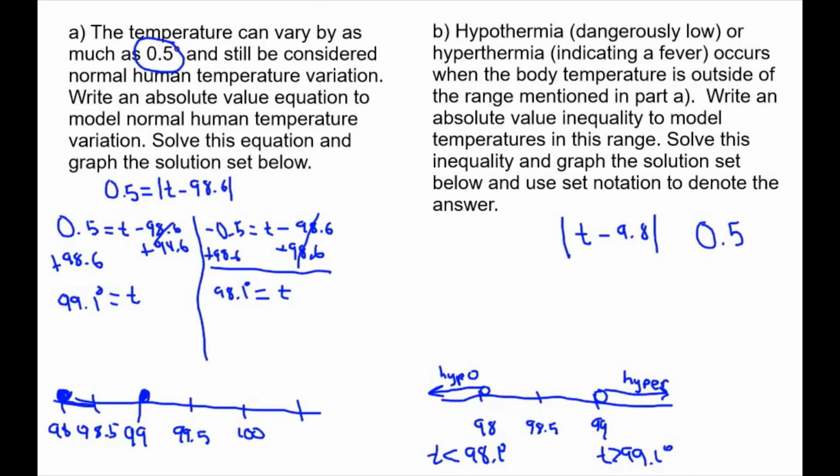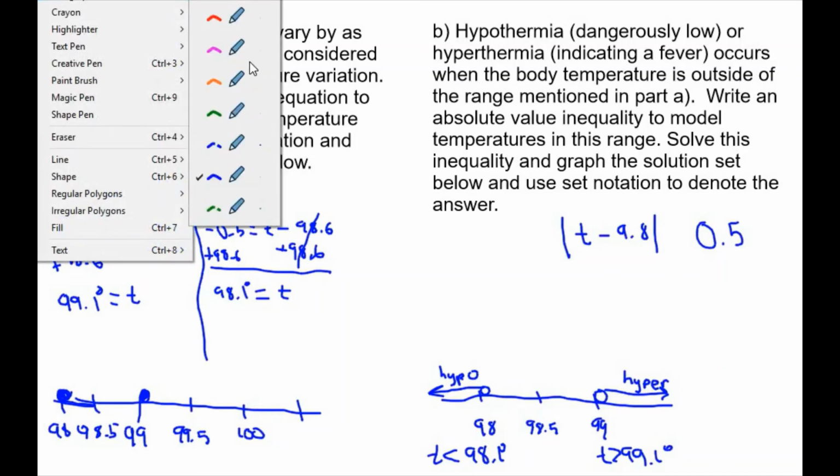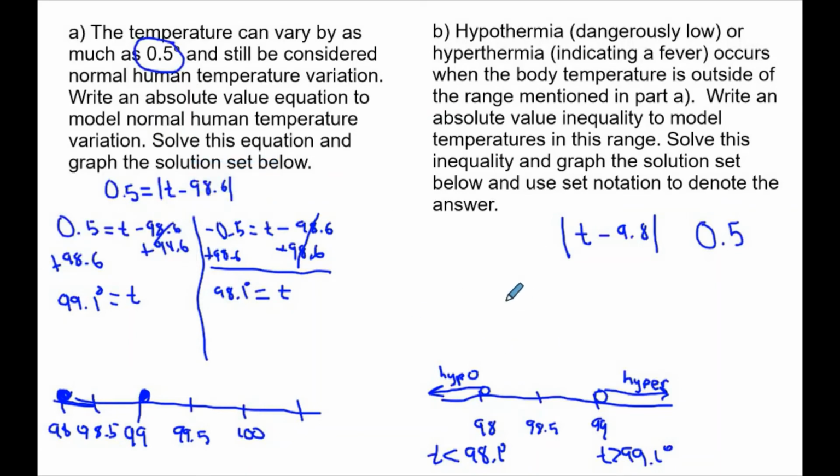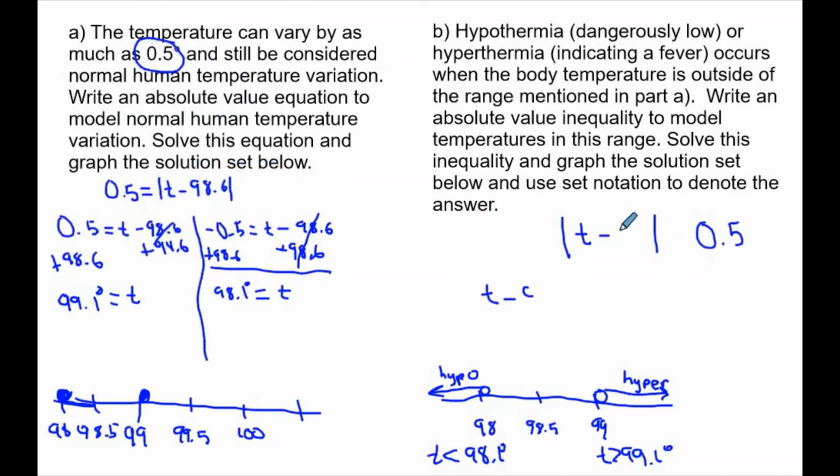So if we were to look at the two solving methods, remember, we're going to do the same thing. We're still going to have the exact same situation that we had over here. T minus 9, sorry, it should be 98.6. Let me fix that. All right, so what's going to happen is we're going to have T minus 98.6.